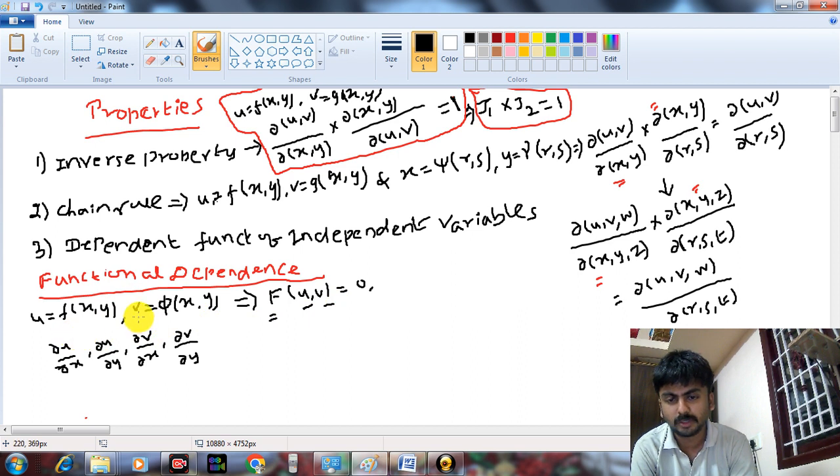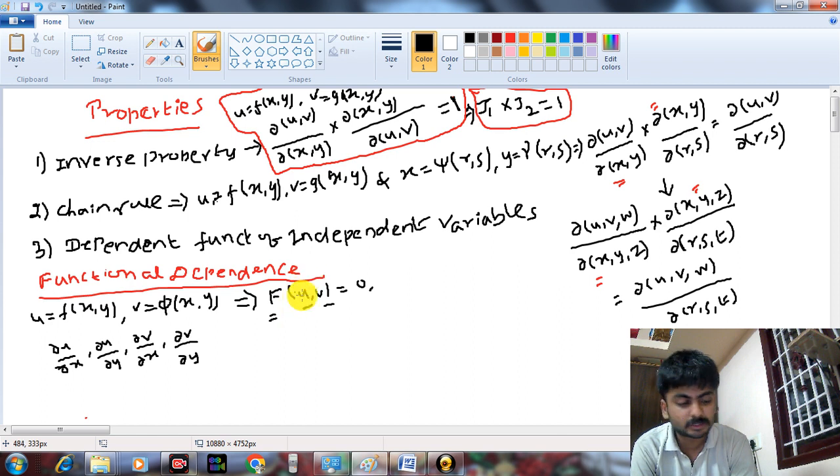These u and v are differentiable functions of two different variables x and y, such that capital F of u comma v, where this capital F is also differentiable, equals 0, where dou u by dou x, dou u by dou y, dou v by dou x and dou v by dou y are not all 0 simultaneously.